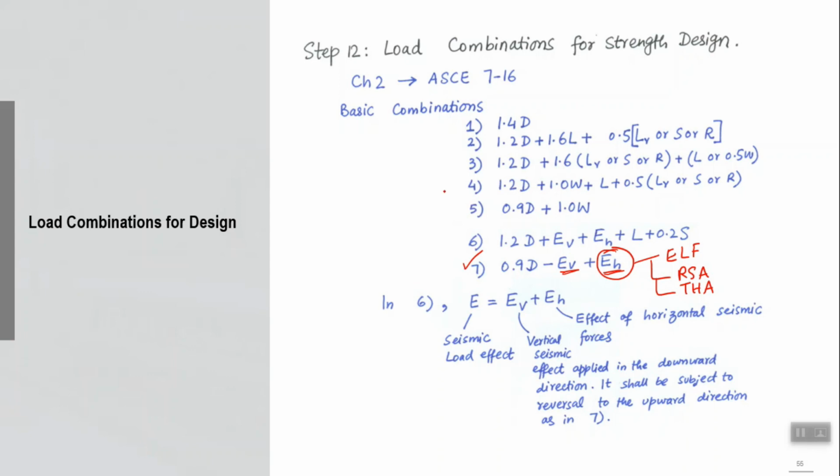So, while you are making an ELF load pattern, you can just check that you want to apply x as well as x plus eccentricity as well as x minus eccentricity, similarly for y. So, it will create all these sub cases also, right, and ultimately the critical of them will be used for the purpose of design. So, either you combine them using that software capability, or you separately replace them one by one in your load combinations. Ultimately you will be designing for the most critical one, right.